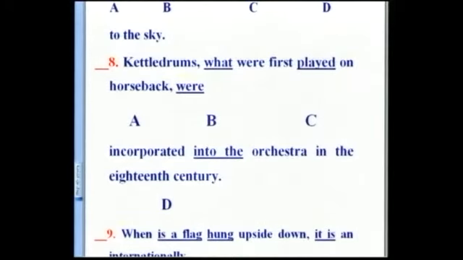Cattle drums which were first played. So A is incorrect. Which were first played on horseback were incorporated into the orchestra, these drums became part of the orchestra in the 18th century.